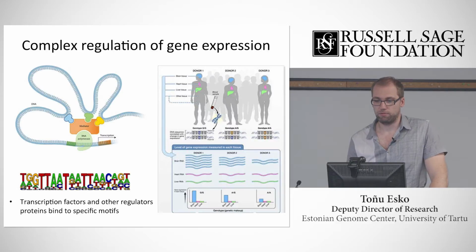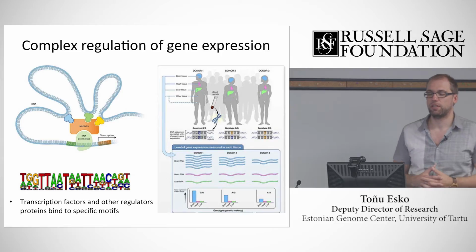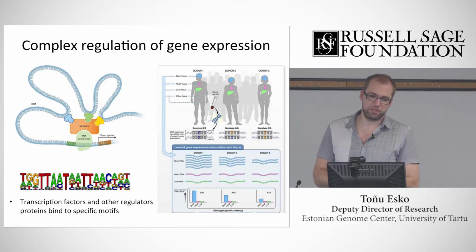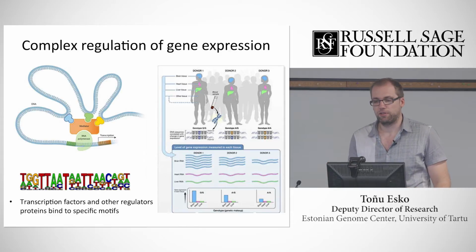And as I said, the gene expression across tissues is different, but how then does the genetic variation in your DNA also have an effect on how the gene expression can be different within the tissue?